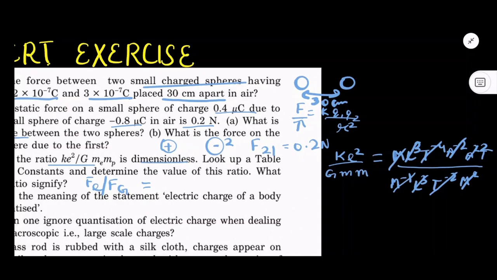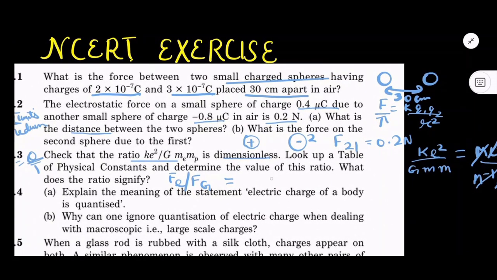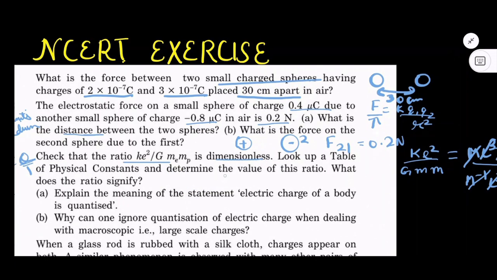So now let's move to the next part where it is said that we have to determine the value of this ratio. So for this ratio, let's put the values of k, which is equal to 9 into 10 raised to power 9, and e also we know that it is 1.6 into 10 raised to power minus 19 coulomb, upon, we have G equals to 6.67 into 10 raised to power minus 11, and mass of electron and proton we know, for the electron 9.1 into 10 raised to power minus 31, and you have to substitute all the values.